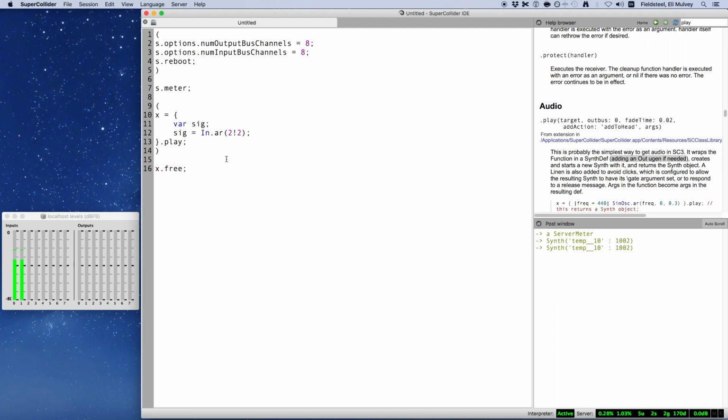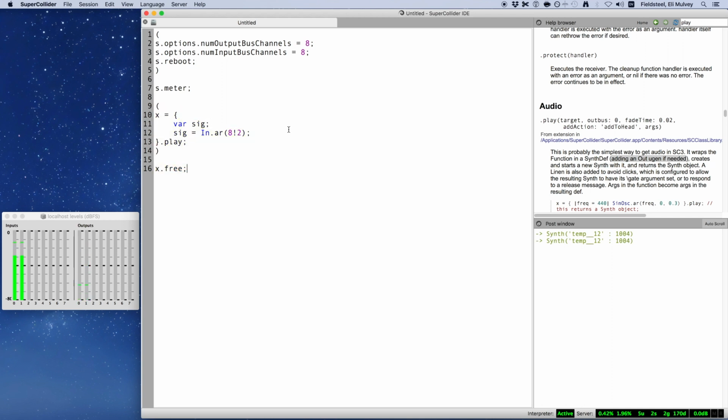It seems like kind of a weird thing to do. So to actually grab this mic signal using In.ar, in this case, we would need to change 2 to 8 because buses 0 through 7 are hardware outputs, and 8 through 15 are now the hardware input buses. And now we have our microphone monitoring synth once again.